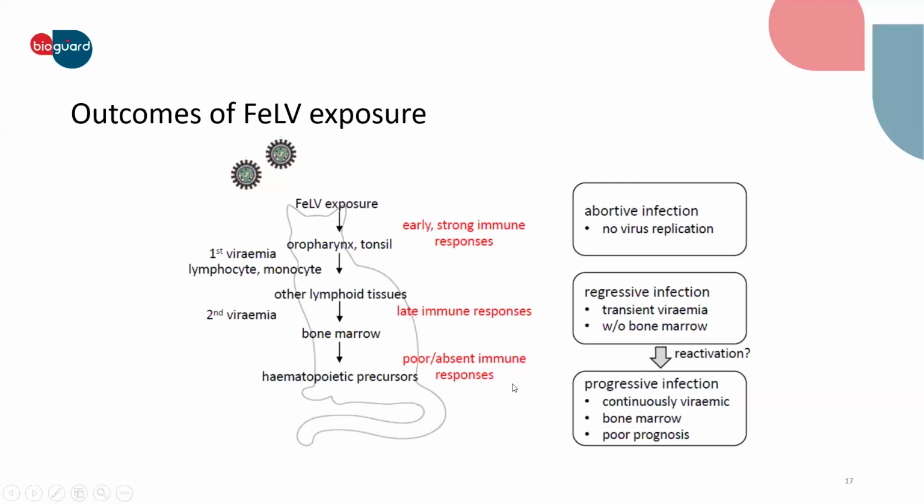After that, that's what we call a progressive infection. At this stage, the prognosis is very bad for the cat. It will show continuous viremia and also affect the bone marrow.